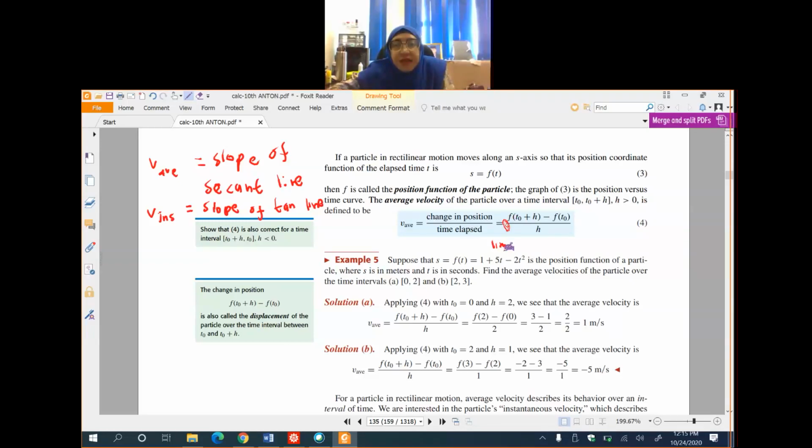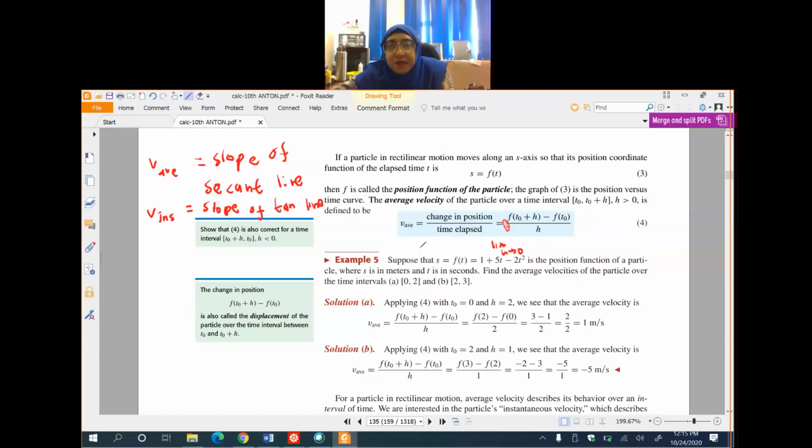Limit h tends to 0 is for the instantaneous velocity, not for V average. So this is the slope of the secant line. I hope it is clear. I don't know how to explain it in more detail than that.